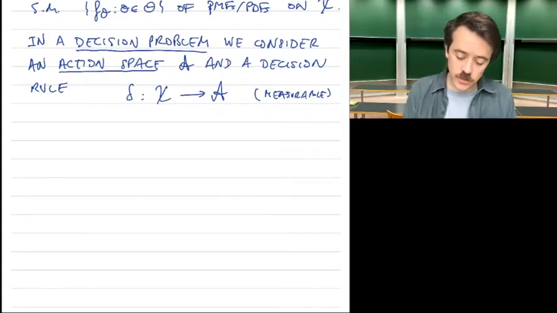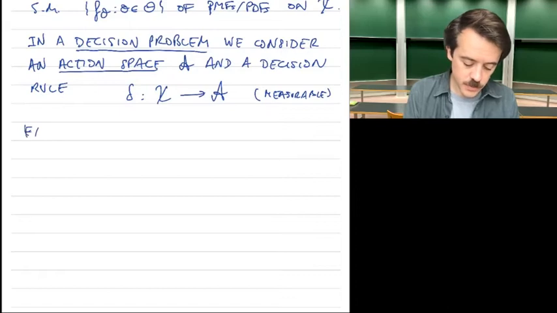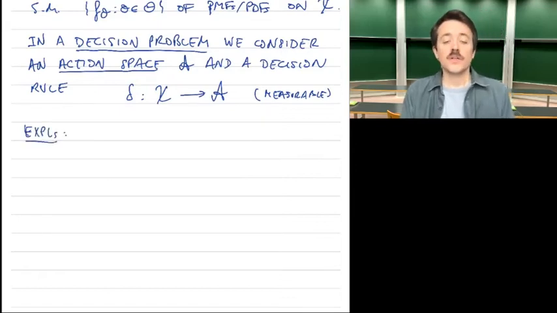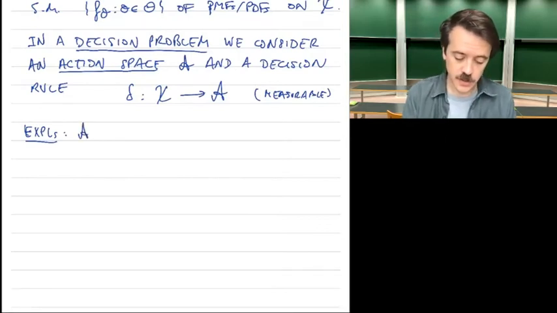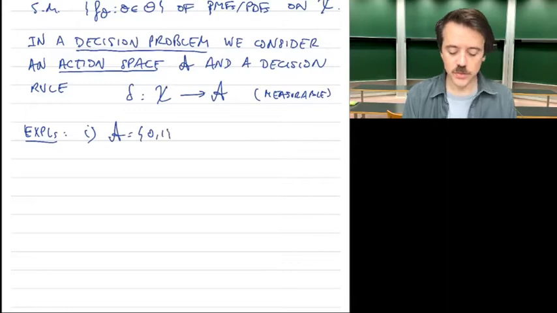Okay. So let's give some examples of this. First of all, we should be thinking of decisions. What is the simplest decision that we've seen so far? Well, that in which we have two options.